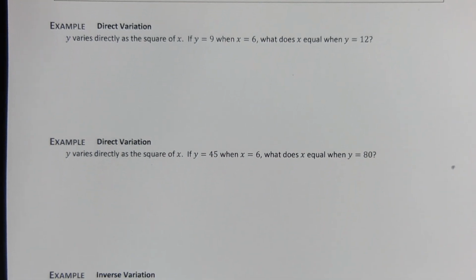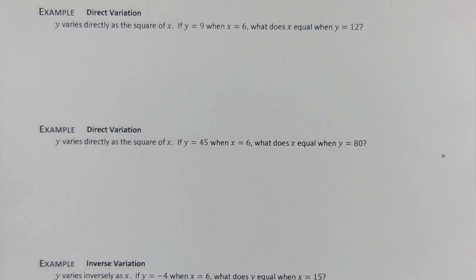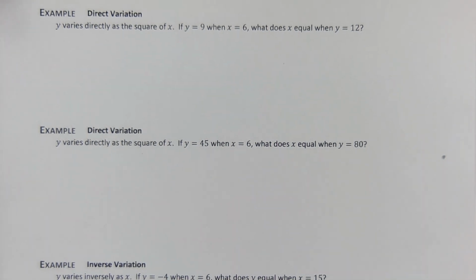So, a couple direct variation examples. Y varies directly as the square of x. We can instantly write an equation. Since it says varies directly, we know it's k times, and it says the square of x.